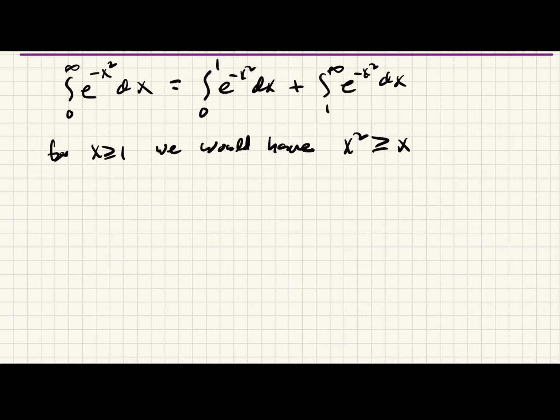Now, if that's the case, but those aren't positive, right? Those are negative up in that exponent. So if x squared is bigger than x, then minus x squared would be less than or equal to minus x, right?